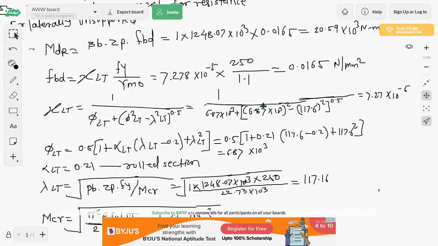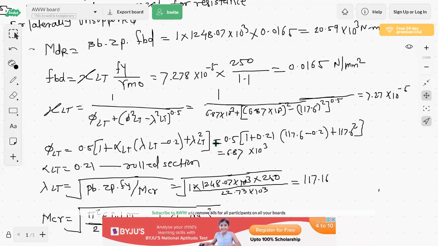कोण सांगेल का? This phi LT ही व्हॅल्यू जरा जास्त आलेली आहे, ही व्हॅल्यू एवढी येत नाहीये.